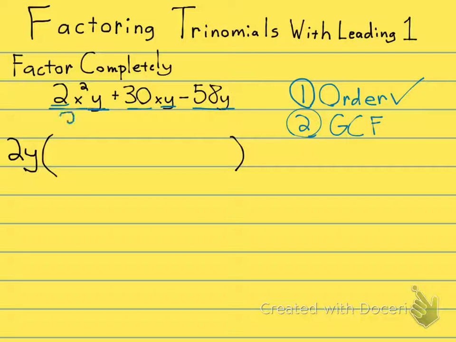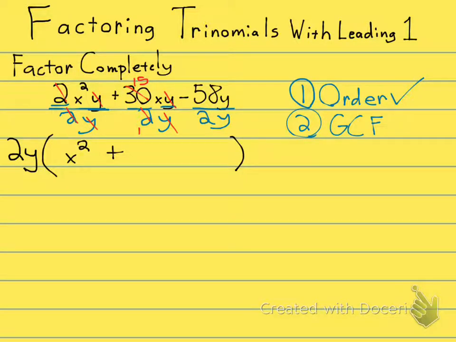And when I divide out the 2y from all three of these terms, let's see what's left. The first term, divide out the 2 and the y. Well, I'm left with an x squared. Plus my second term, divide out a 2 and a y. Well, 2 goes in here once, 2 goes in here 15 times. Y cancels with y.